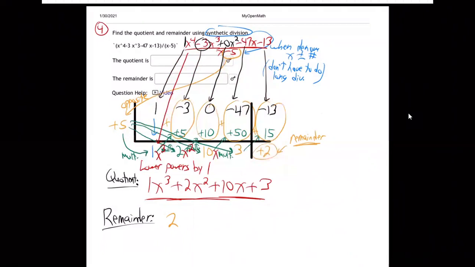And then the answers we got here, 1, 2, 10, and 3, those are the coefficients of our answer. And you lower the powers by 1. Why? Because you're dividing by x to the first power. So that's going to lower all the powers by 1. So if we started off with x to the fourth, the first one will be x to the third, and it'll go on down from there. So there's our answer, remainder 2.